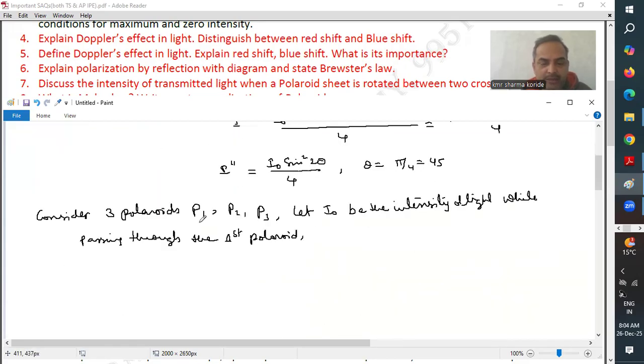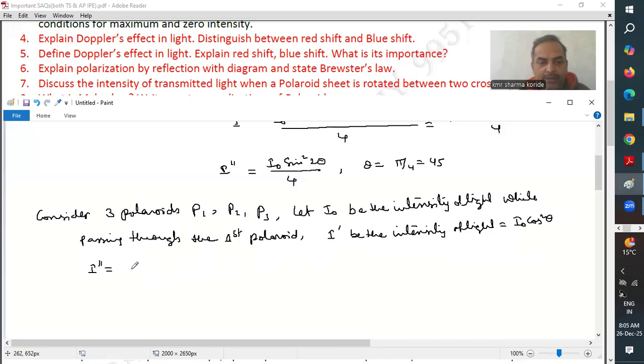I dash be the intensity of polarized light while passing through the second polaroid, that is I naught cos square theta. Finally, this passes through the third polaroid.